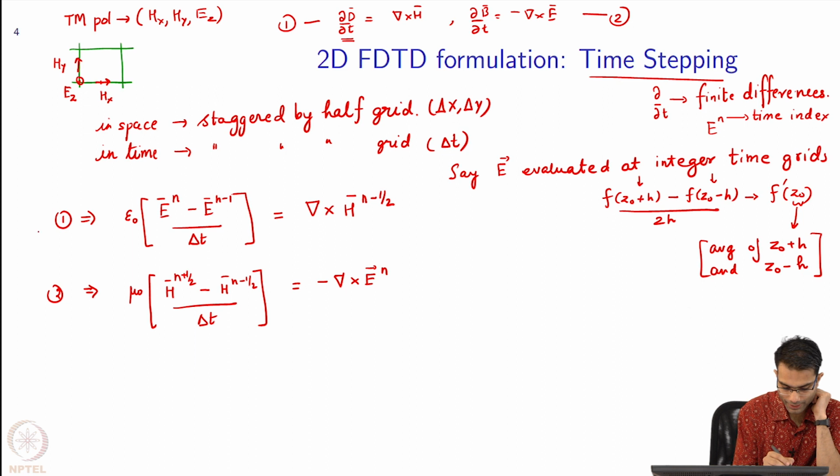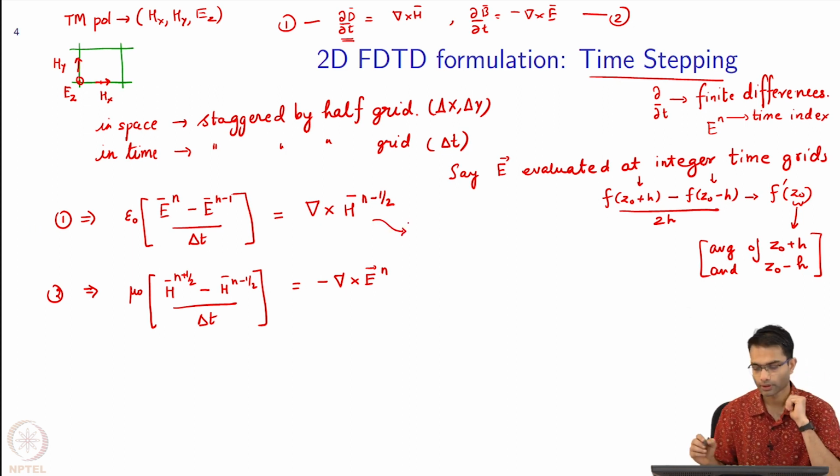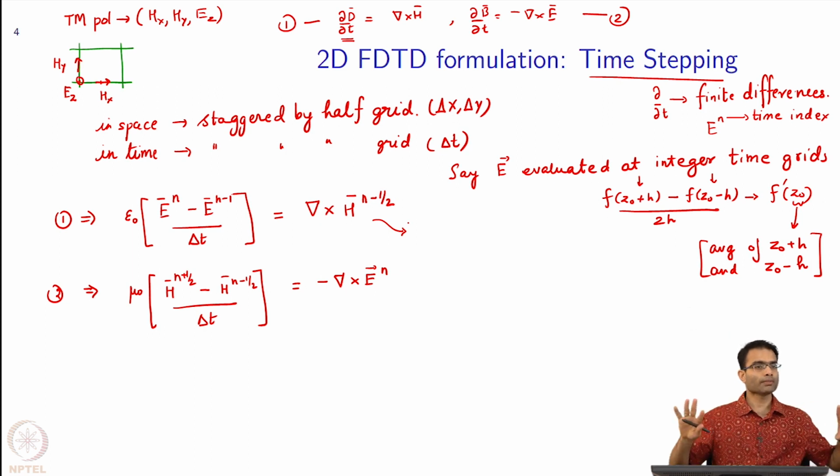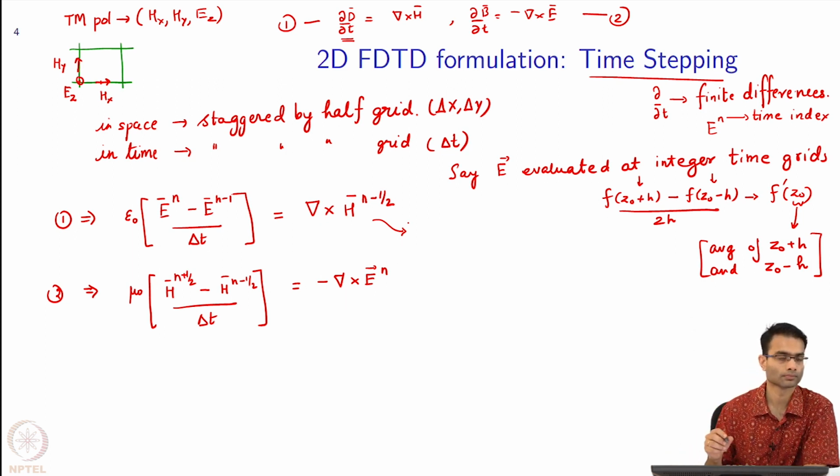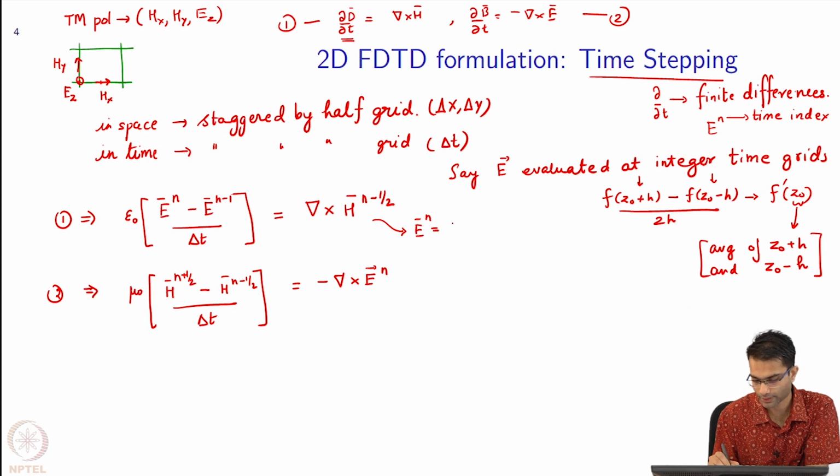Okay. So, now let us just rewrite equation 1 over here. Okay. So, in terms of all the time indices, which is the future most time index over here in equation 1? N, right. E^n is the farthest I can go in time in this equation. So, I can write E^n in terms of E^(n-1) plus delta t by epsilon, what else?